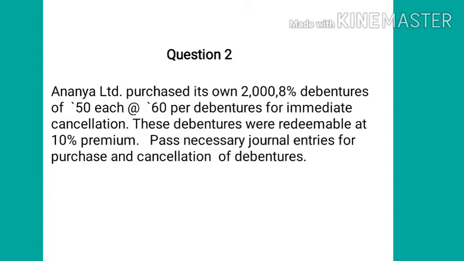Ananya Limited purchase its own 200 8% debentures of ₹50 each at 60 per debenture for immediate cancellation. These debentures were redeemable at 10% premium. Pass necessary journal entries for purchase and cancellation of debentures. Here we go.